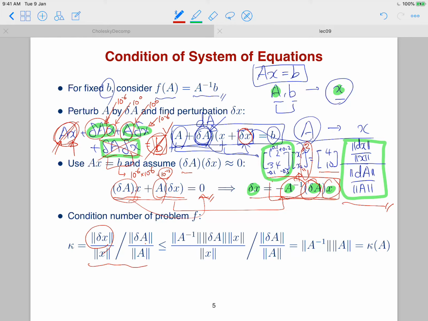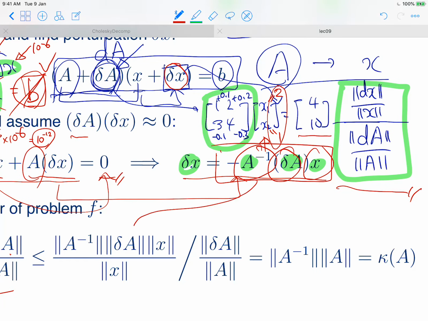Due to the Cauchy-Schwarz inequality that we utilized in the previous example, we can represent the norm of the entire product, which has the upper bound of the product of the norms of each element, like this.